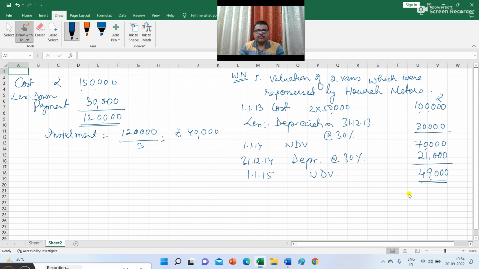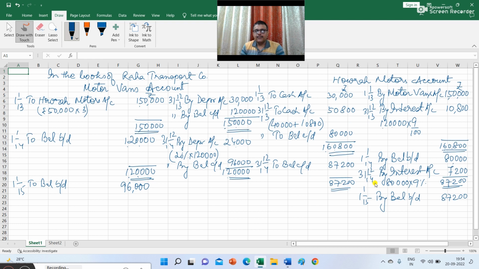Now the value of the two motor vans we have computed here is 49,000. Now this is the account we are preparing, the Howrah Motors account. Now what is the amount due to Howrah Motors on 1st January 2015? This is 87,200. So 49,000 is the value of the two motor vans.